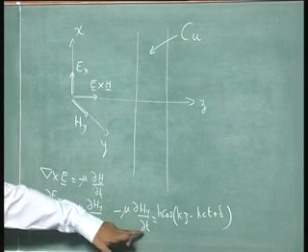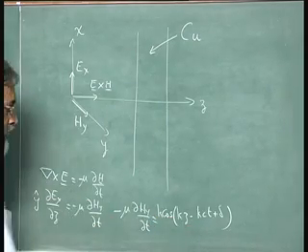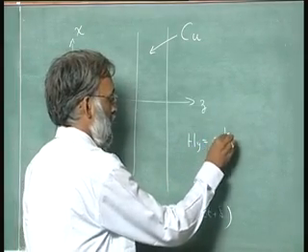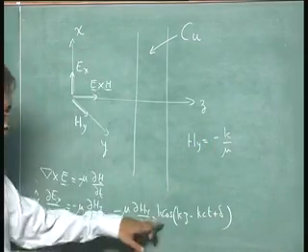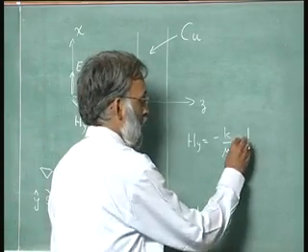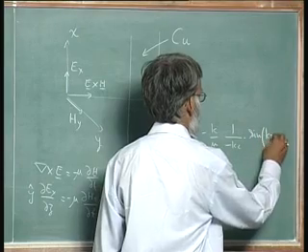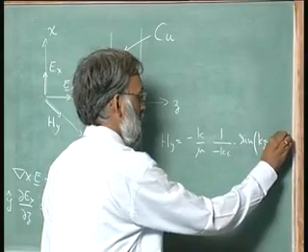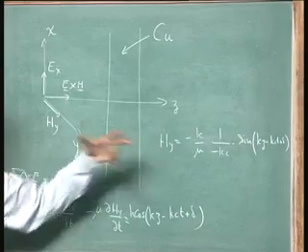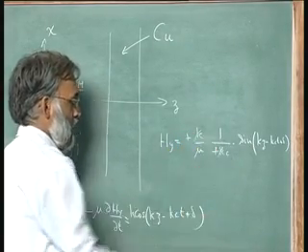If I now take the time integral of both sides, that should give me Hy. So, that will tell me that Hy is equal to minus k over mu times the integral of this with respect to t, 1 over minus kc times sine of kz minus kct plus delta, which is the same function as for Ex. We know that Hy and Ex look the same. The k cancels out, the minus sign cancels out.